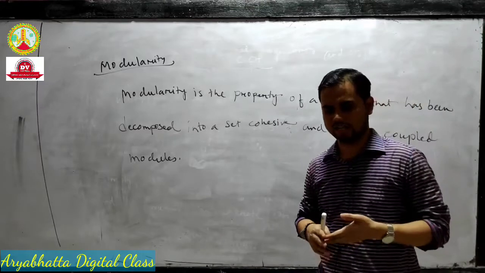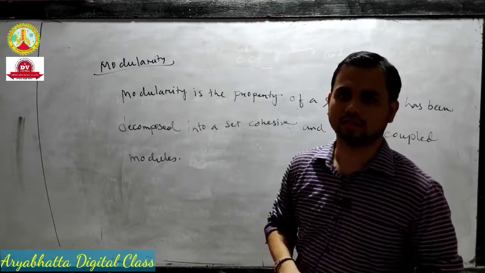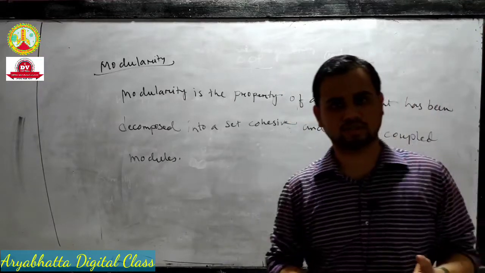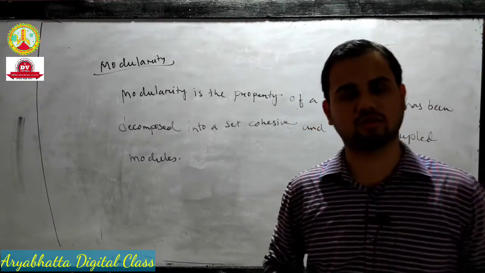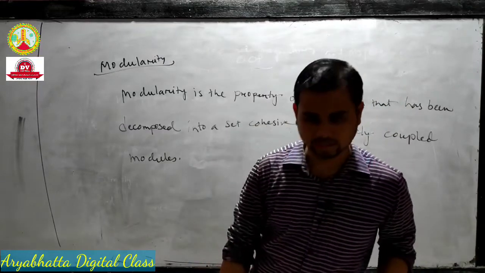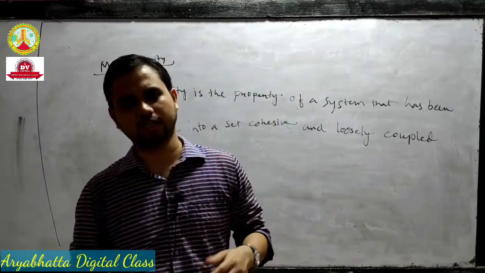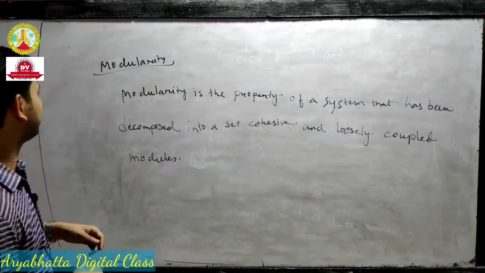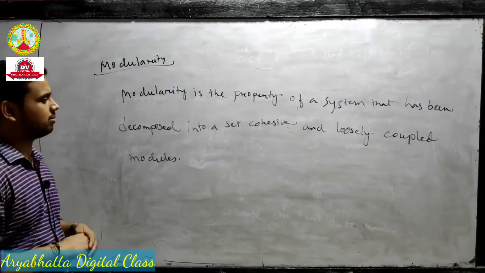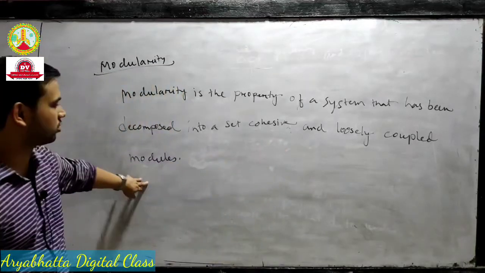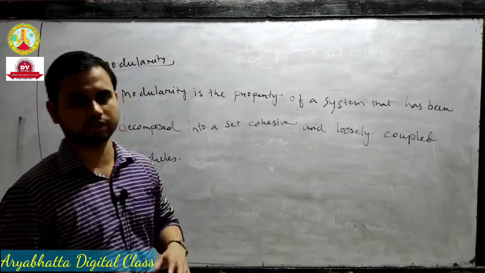Every line has its unique function. The header file has a unique function, the main function has its unique function, and variable declaration has its unique work. This is called modularity: a property of a system that has been decomposed into a set of cohesive and loosely coupled modules, meaning separate units.